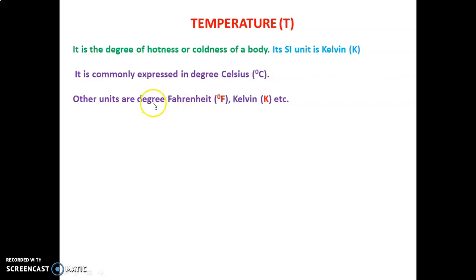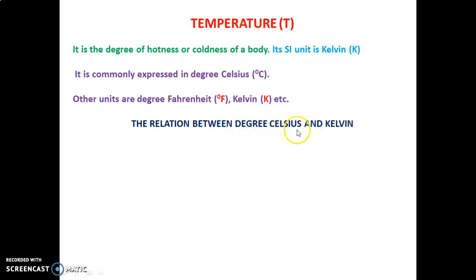Other units are degree Celsius, where we write a small zero for degree, read as degree Celsius, and degree Fahrenheit. Kelvin is the SI unit, but the other two units are also used. We do not say degree Kelvin, only Kelvin.